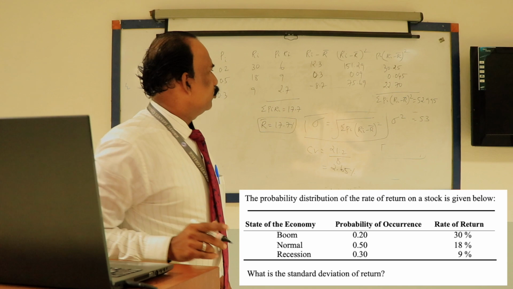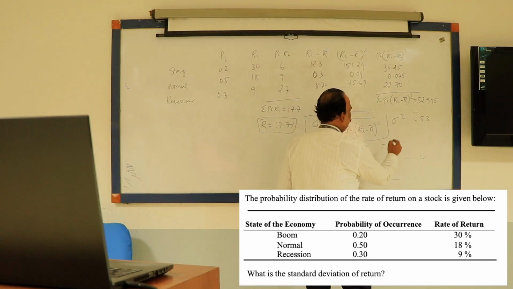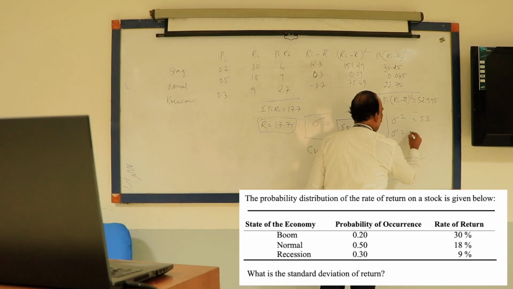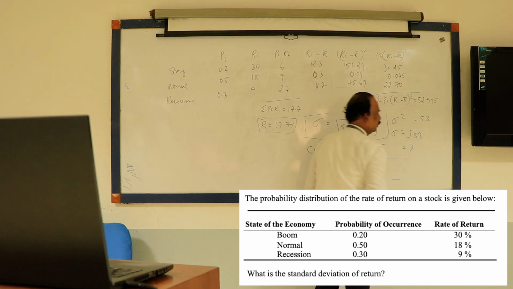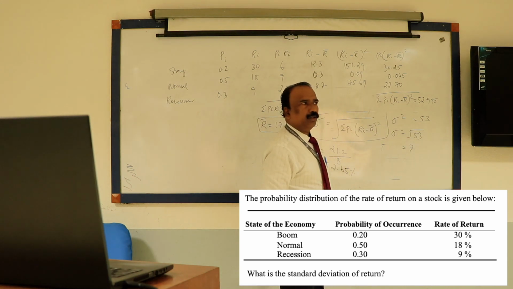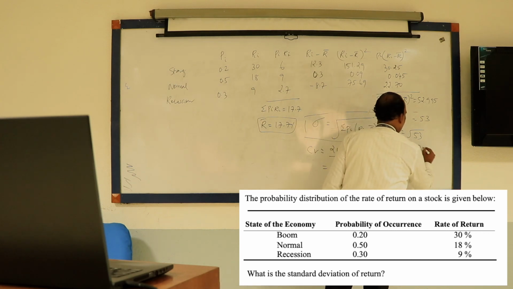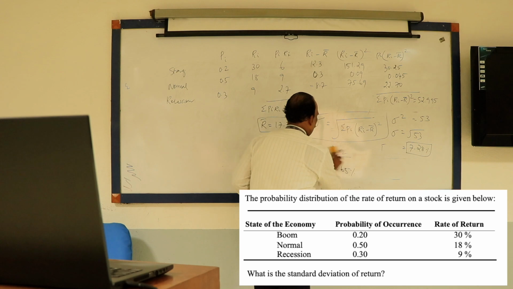Take the square root. Standard deviation is equal to square root of 53, which is 7.28%. So the coefficient of variation is 7.28 divided by 17.7.